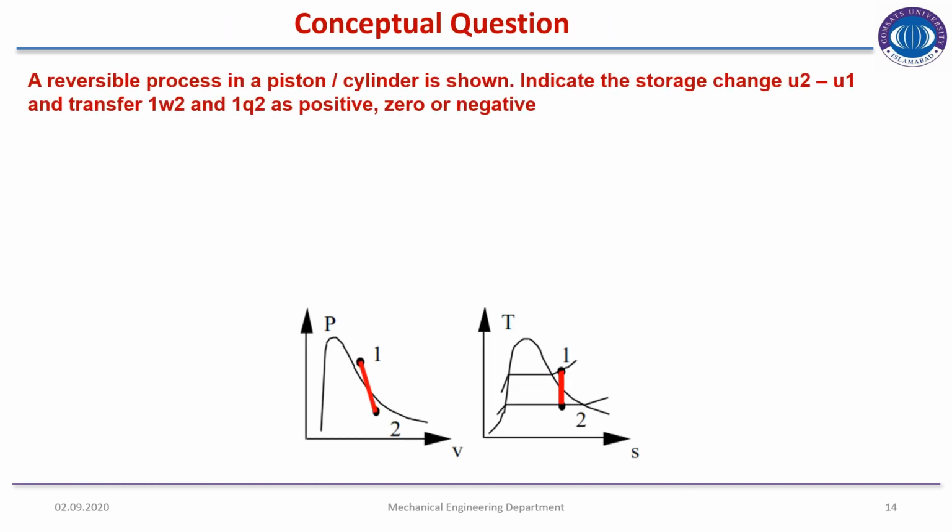So here is a conceptual question. A reversible process in a piston cylinder is shown. Indicate the storage change U2 minus U1, the transfer of work for 1 to 2, and the transfer of heat 1 to 2 as positive, 0 or negative.